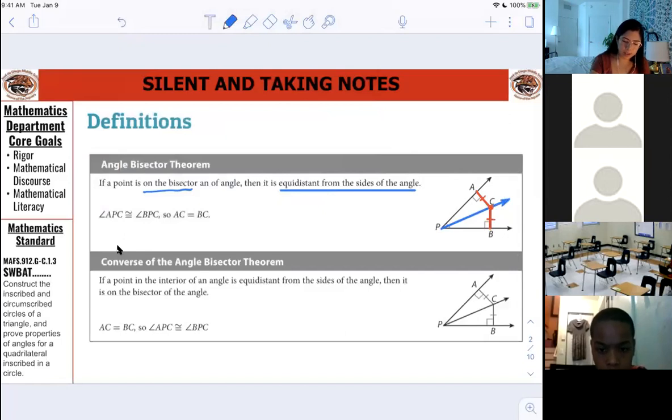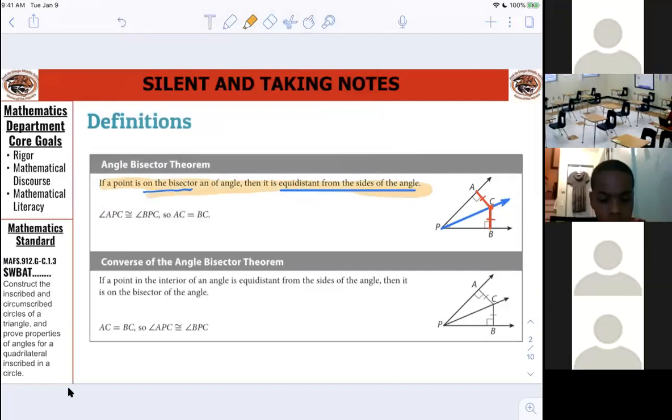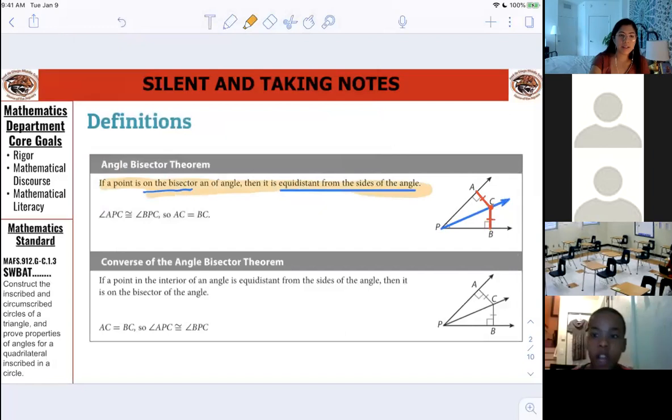So take a second, write it down if you haven't. I should see pencils writing. And right now, I want to make sure that Daniel is writing things down, that Alejandro is writing things down, that Samaj is writing things down. I can't see you guys, so I don't know what's going on behind those screens.